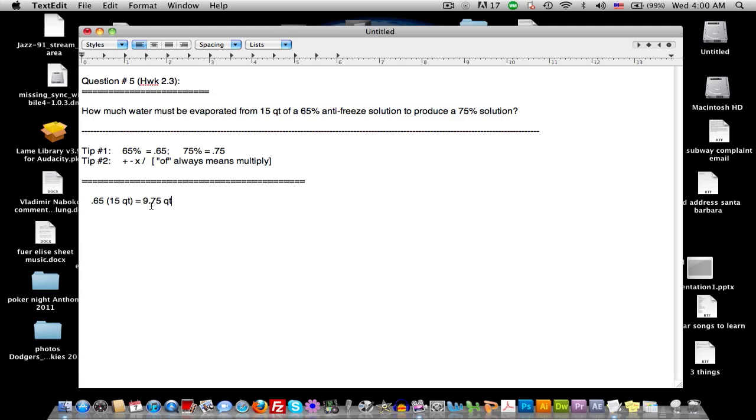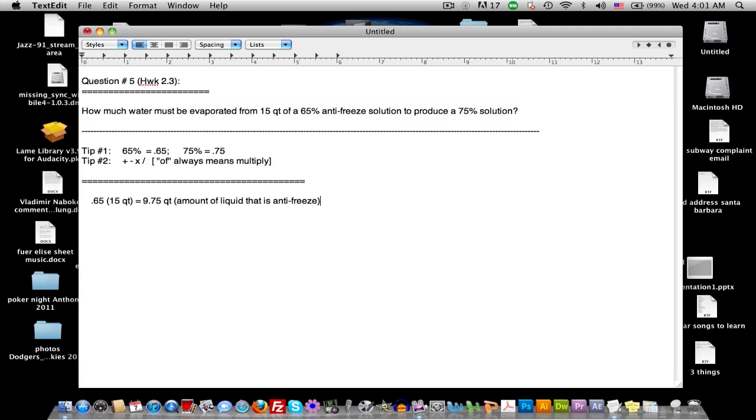So basically 15 quarts are total that consist of antifreeze and water. But we know that since 65% of 15 is equal to 9.75, that is the amount of liquid that is antifreeze. Now obviously that means there's 35% water, right? 65% plus 35%.